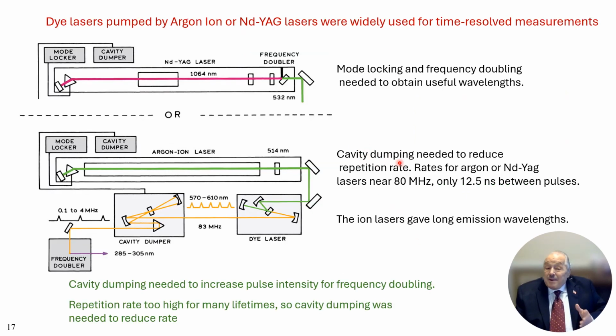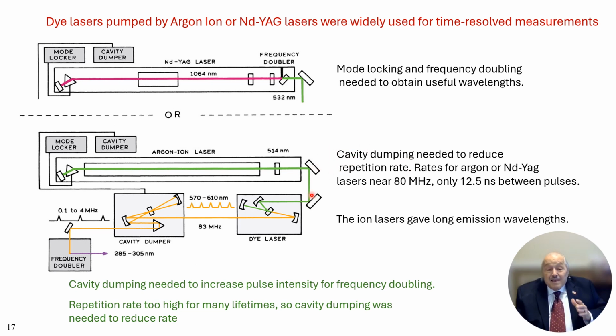Now, I'm not going to explain everything about the history of how lasers contributed to time-resolved measurements, except to say that it was as expensive as anything and as time-consuming as anything.